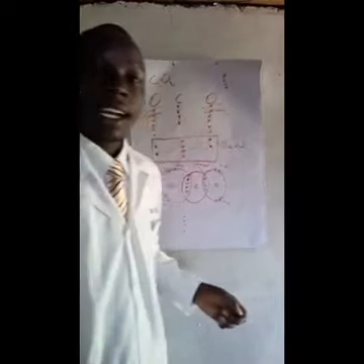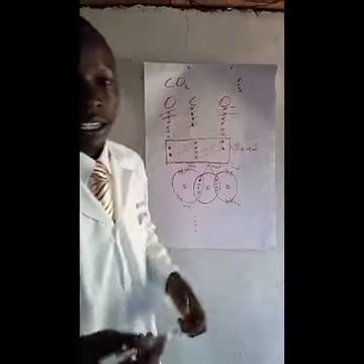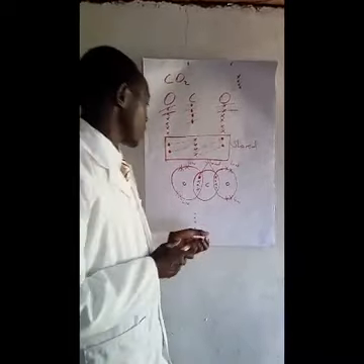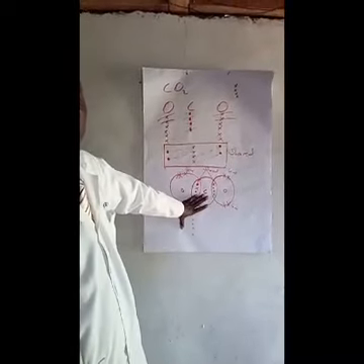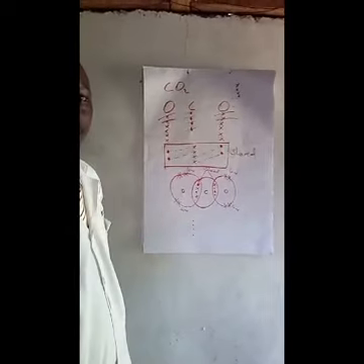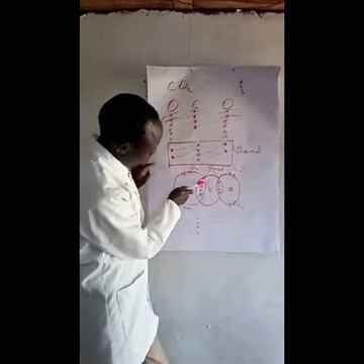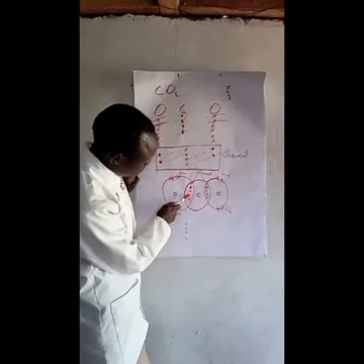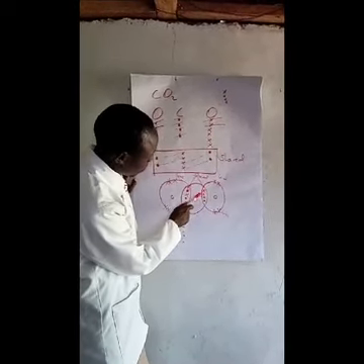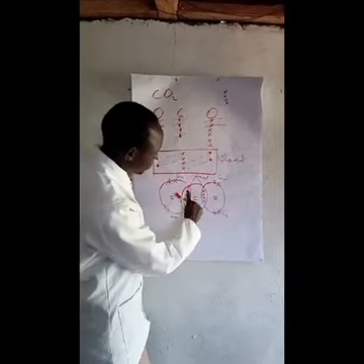How many shared pairs of electrons can you see? Shared pairs, you have 2 here, 2 here.